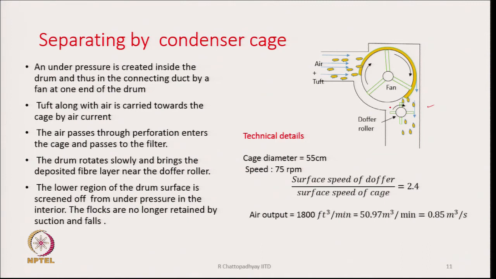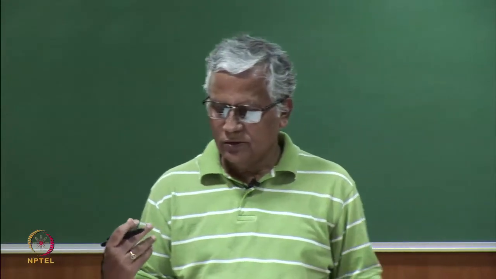So, an under pressure is created inside the drum, and thus in the connecting duct, by a fan at one end of the drum. So, we create a negative pressure within this drum. So, this is our drum, and this drum has lot of perforations. Either this can be connected to a suction fan separately also, or we can have a fan inside as well.